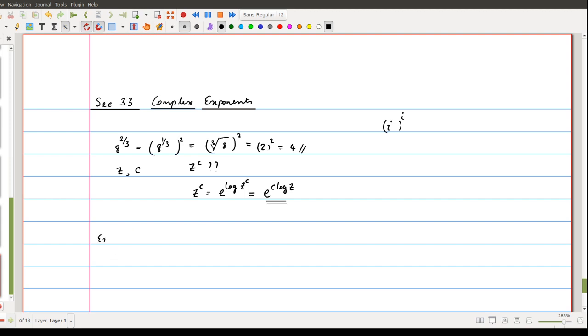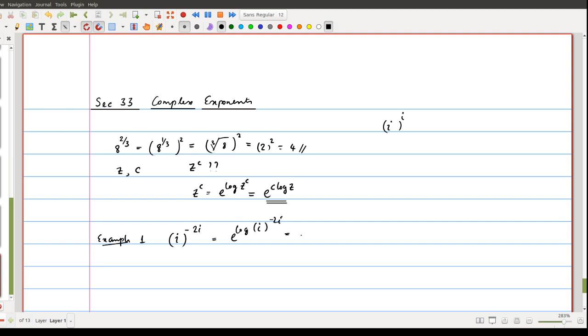For example, how will we evaluate i to the power minus 2i? Okay, so this is like z to the power c. Now we write this as e to the power log i to the power minus 2i.